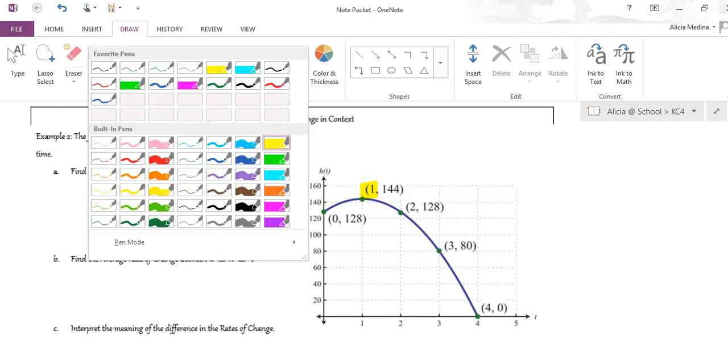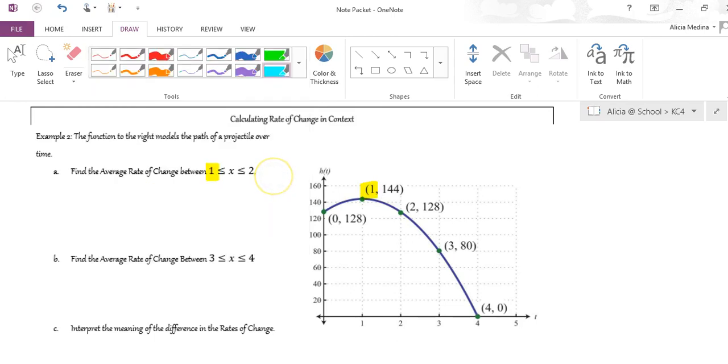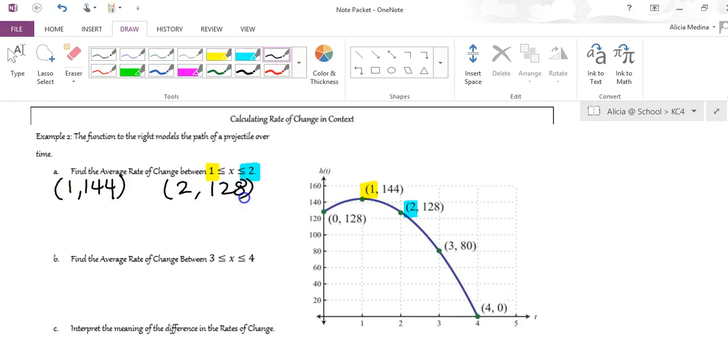The y value you have to find by looking at the graph. So those would be the two points I'm going to be using. When x is equal to 1, my y value is 144. And when x is equal to 2, my y value is 128. I'm going to use those to solve for my average rate of change.